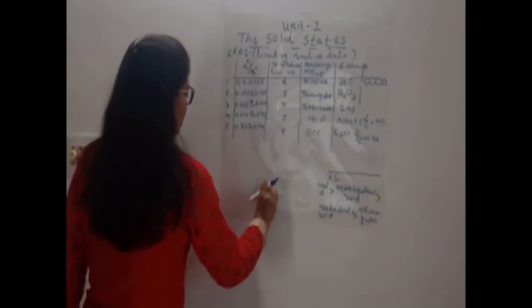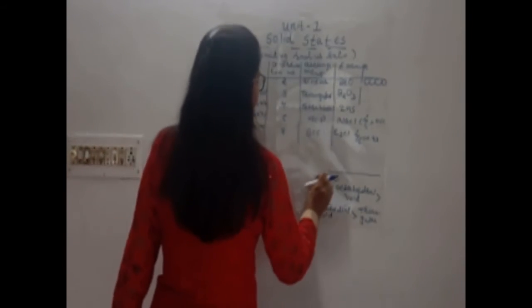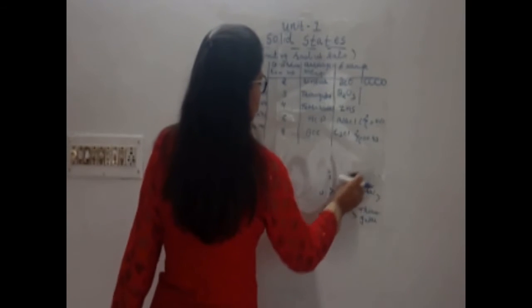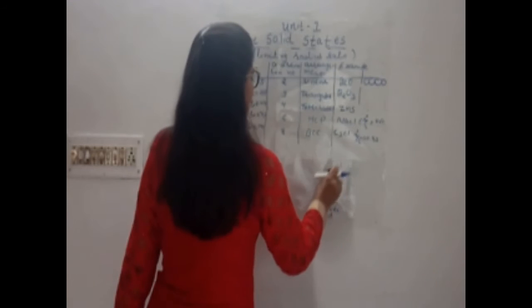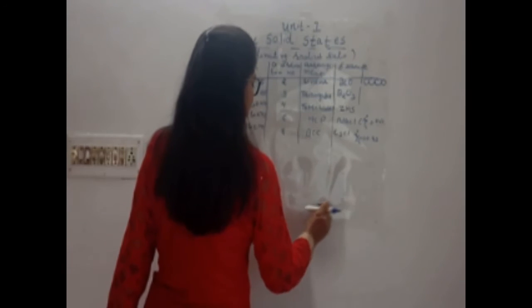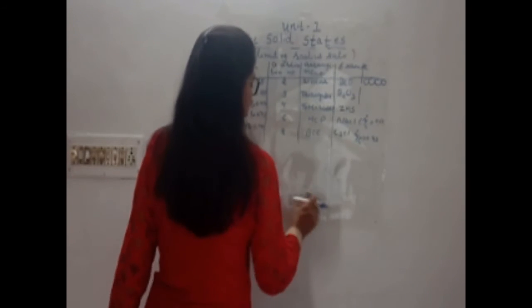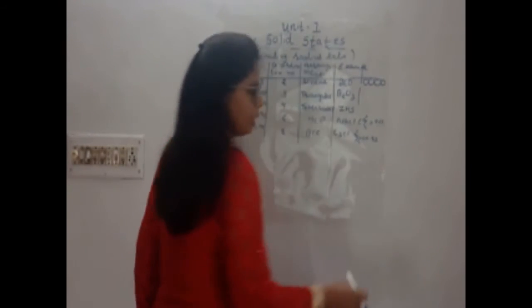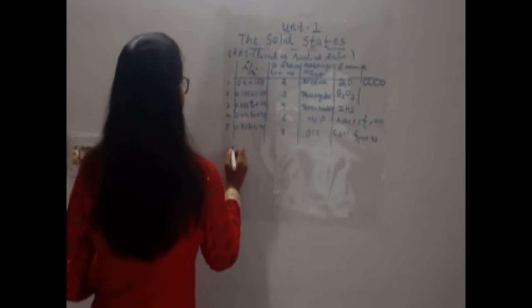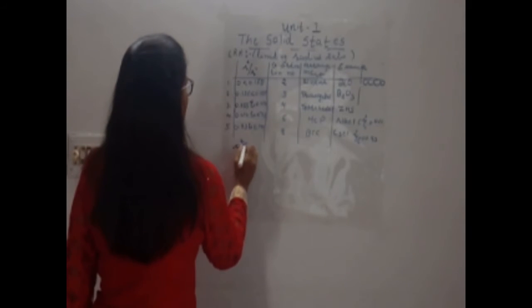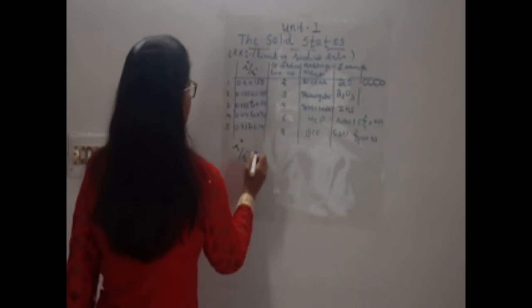Now on the basis of this table or the limiting radius ratio, many questions can be asked. So some of the questions, or the way questions are asked, I am just giving you here, so you are able to solve that VSQ type of questions. The ratio of R plus and R minus.